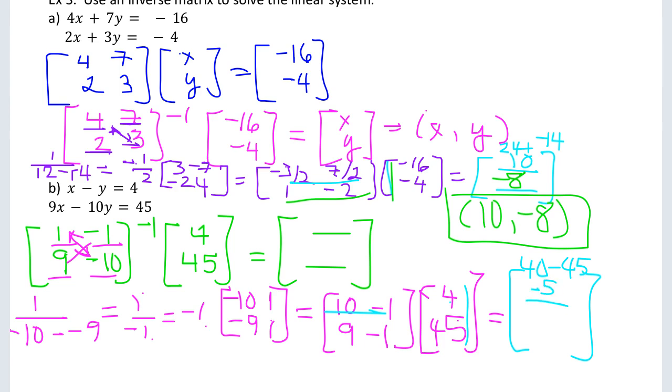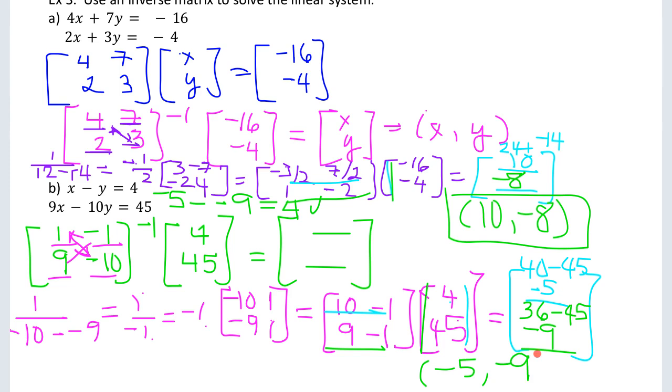Negative 5. And then row 2, column 1, 36 minus 45 is negative 9. So if we fill it in, we get negative 5 minus negative 9, which does give us 4. Great. So our answer for x and y would be negative 5, comma, negative 9.